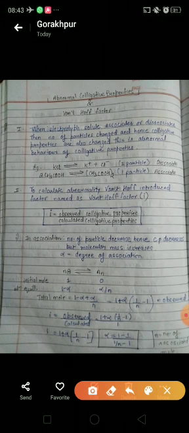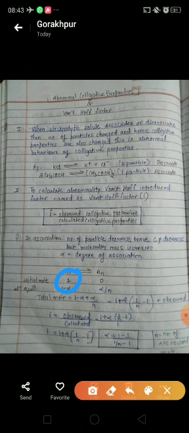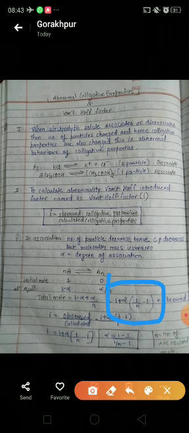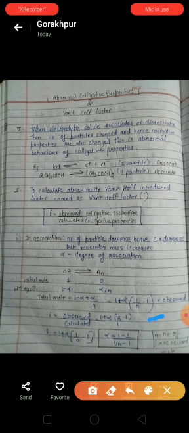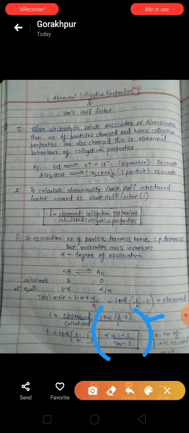Suppose initially there is 1 mole, so the calculated is 1. But what we are observing is 1 plus alpha (1 upon n minus 1). So putting the values here, we get an expression.